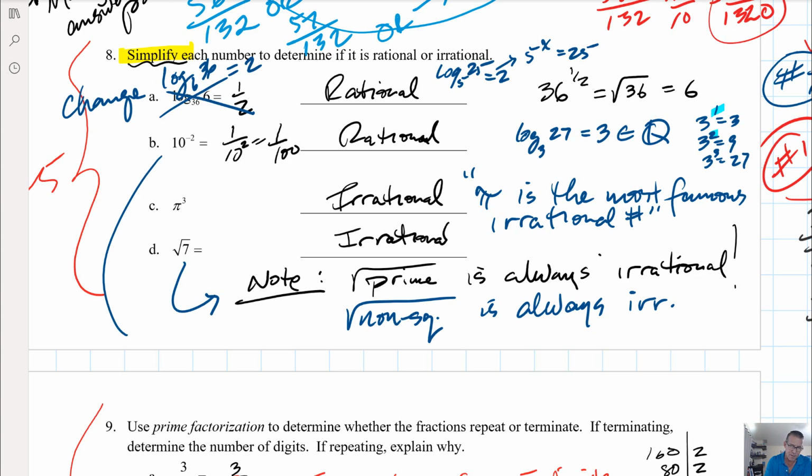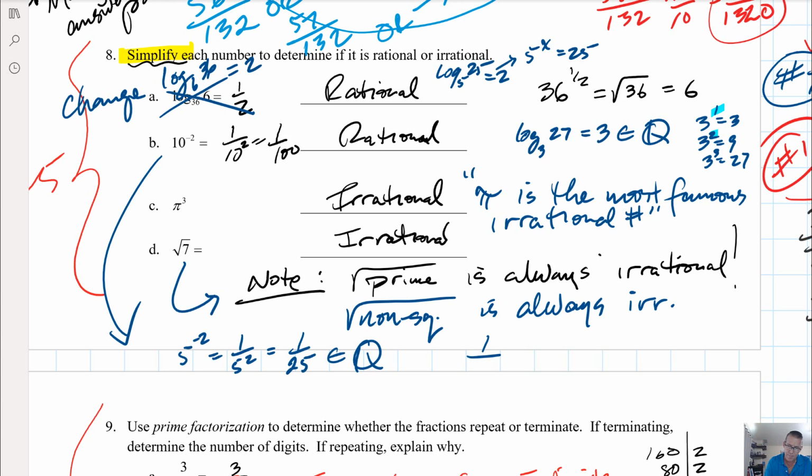Let me take something similar down here. If you have, let's say, 5 to the negative 2 power, that's 1 over 5 squared. You got to use the negative exponent rule from Algebra 1. You convert it to a fraction, right? And then you simplify, you get 1/25th, and that's rational. Remember, Q stands for rational set.